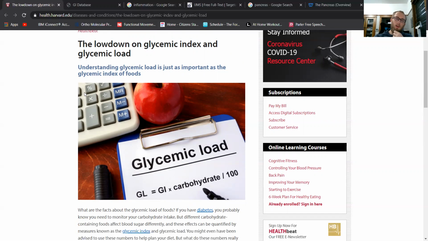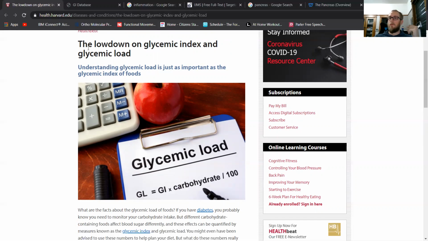Now, typically your veggies are on the lower end. Some meats range in the lower end and right in the middle. Fruits, depending upon how much fiber they have, are typically going to be on the higher end, as well as your starches. But it's a matter of not necessarily fearing the index number, but taking that index number and figuring out its actual load on your system.